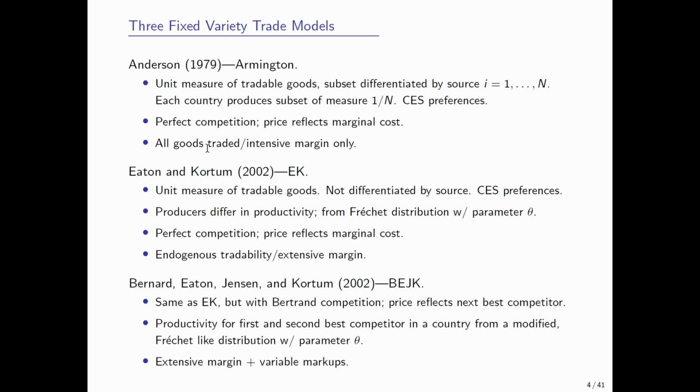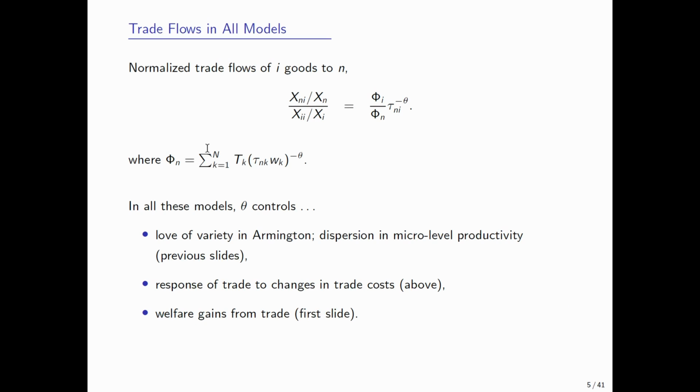However, now the prices of the individual goods will differ since it's not perfect competition, right? The price of the next best competitor will matter here. So relative to Eaton and Kortum, this model features not only endogenous tradability or an extensive margin of trade, but also variable markups.